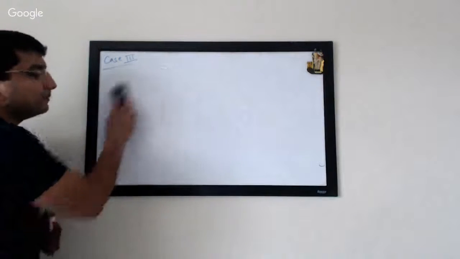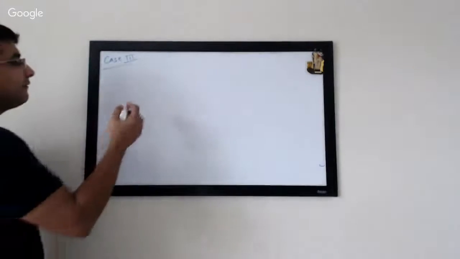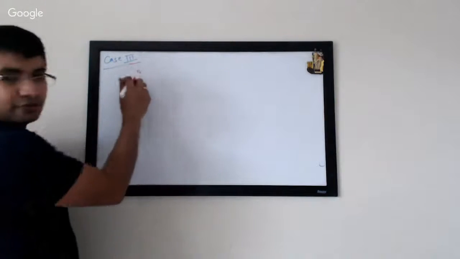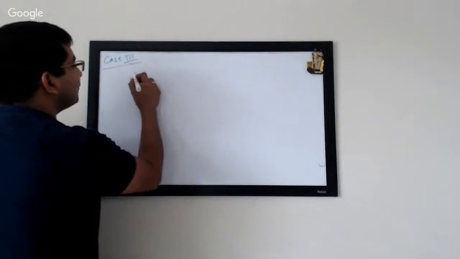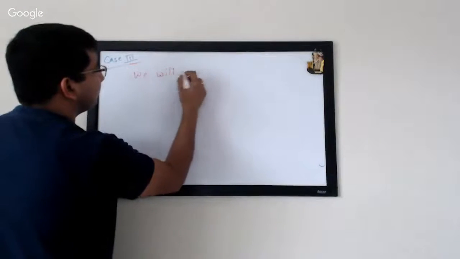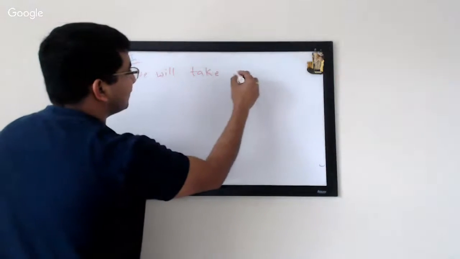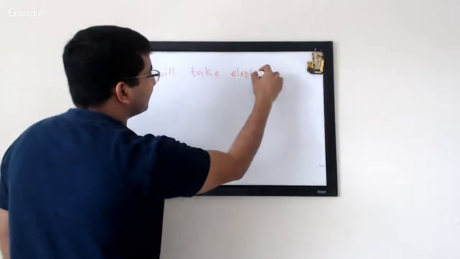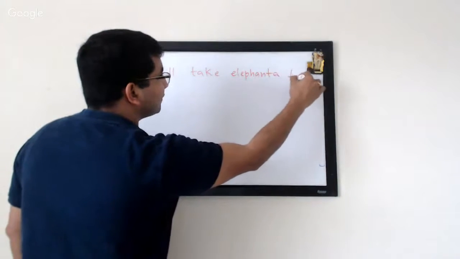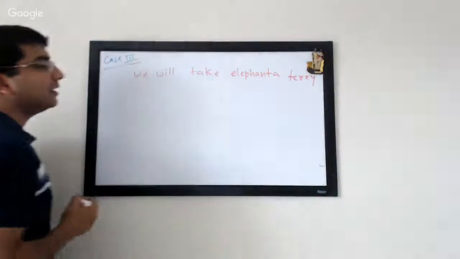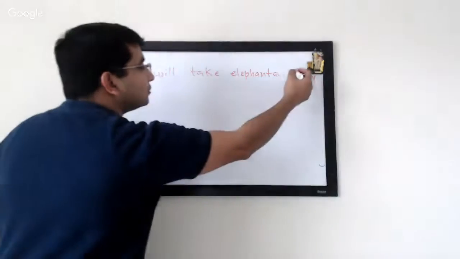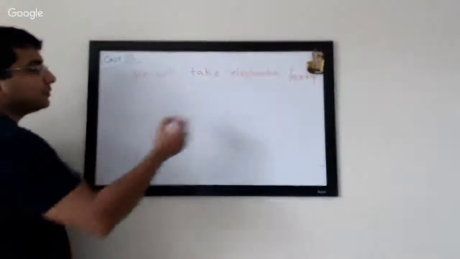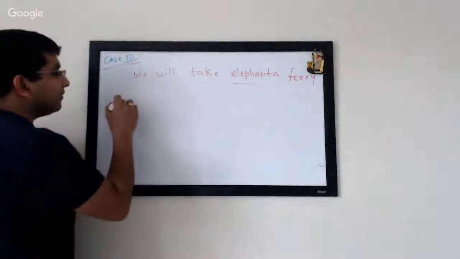One comment that came from Chrissy was, we'll take a ferry to Elephanta. Okay. So let's say you are in Bombay, close to the Hotel Taj, and there's a ferry that goes from Hotel Taj to the Elephanta Caves.